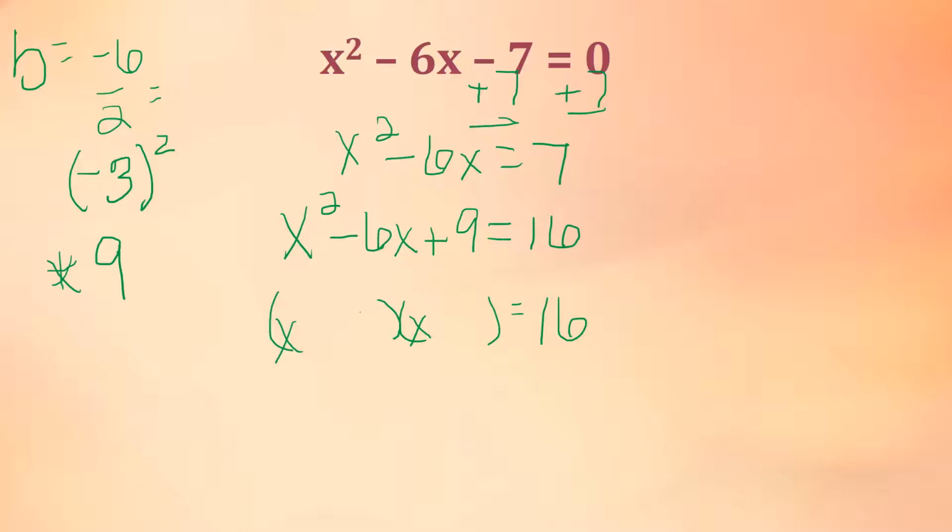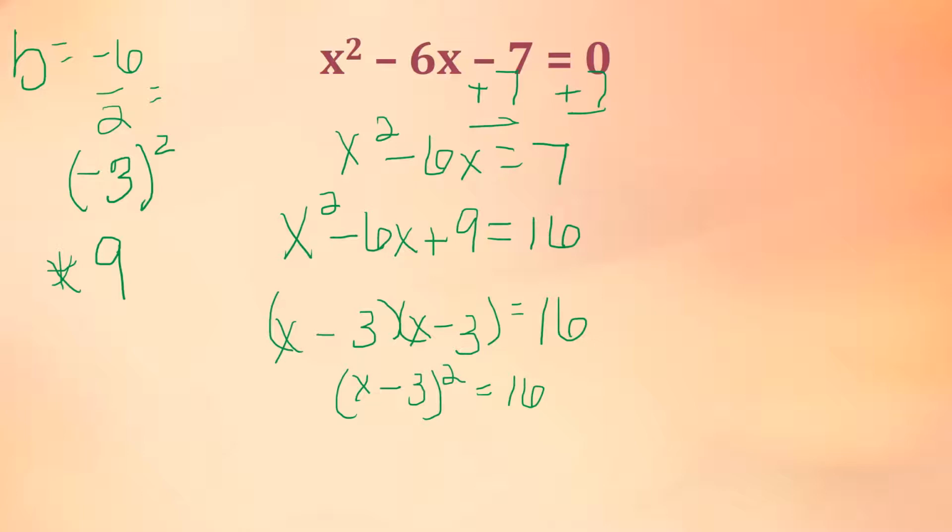I need a positive 9, so it's definitely going to be 3 and 3, and I need them to add up to -6. Okay, so what you see is you have 2 of the same here, which is nice. So when number 6 says it can now be written as a perfect square, what that means is I can now write it like this, because I have the same thing times the same thing.